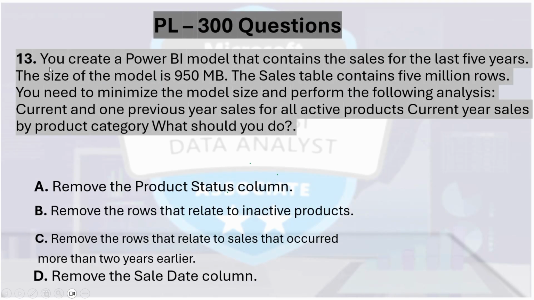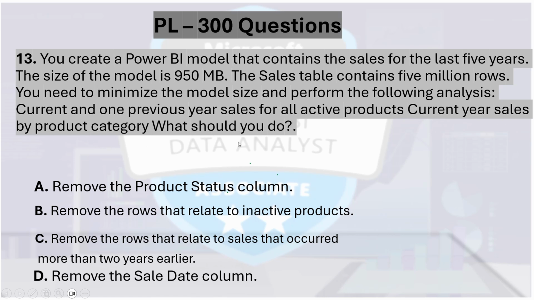Now question number 13. You are creating a Power BI data model that contains the sales for the last 5 years. The size of the model is 950 MB. The sales table contains 5 million rows. You need to minimize the model size and perform the following analysis: current and one previous year sales for all the active products, and current year sales by the product category.